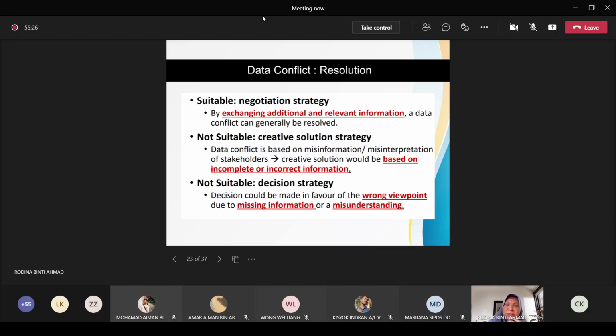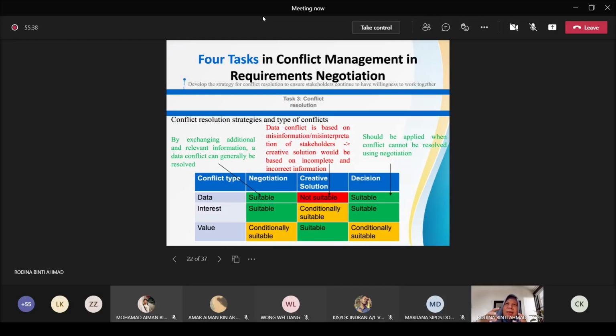So a decision strategy is not so much recommended to address data conflict, unless we cannot have any other way out. The negotiation doesn't work and so on. So that's the reason we can try to resort to a decision strategy.